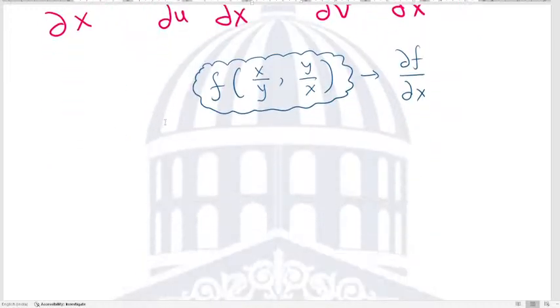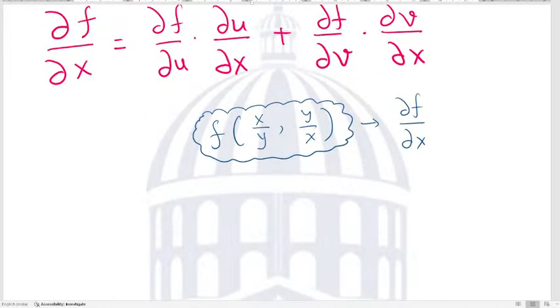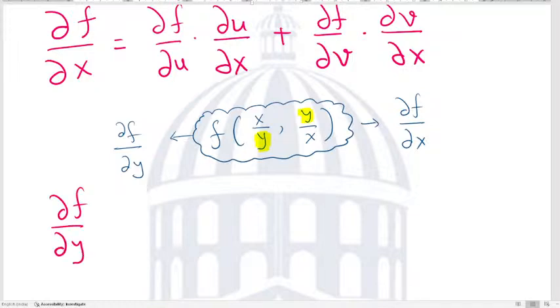Similarly, if we want to find dou f by dou y, the y is trapped inside the function. The y is in the denominator and in the numerator in the function, so finding dou f by dou y would be a little challenging. But thanks to the chain rule and the rule of total derivative, we can find that out very easily.